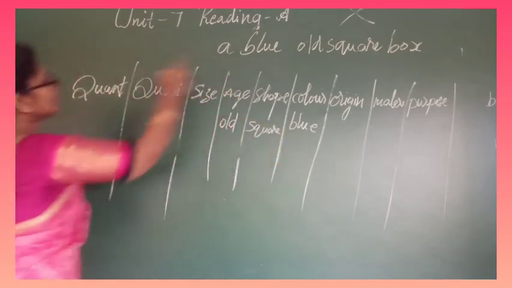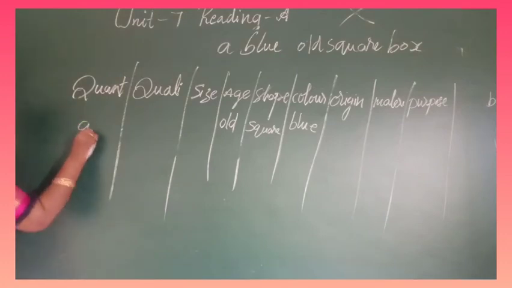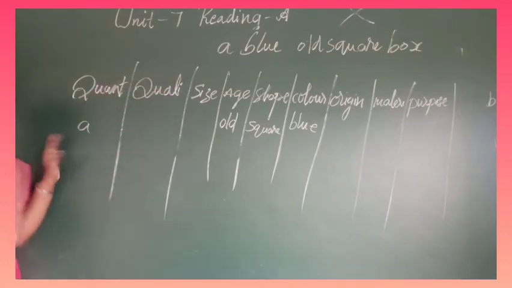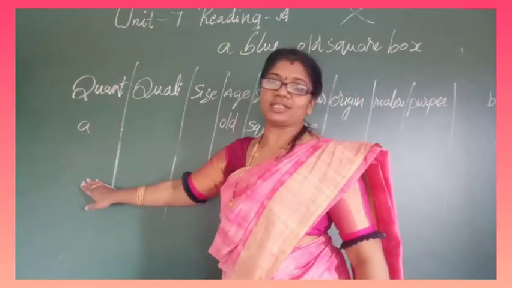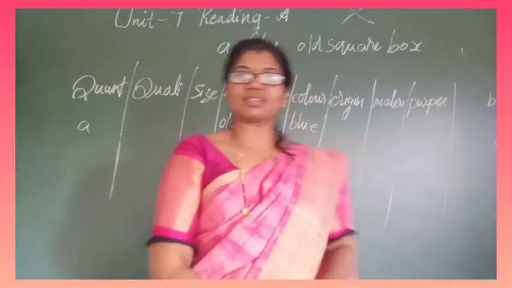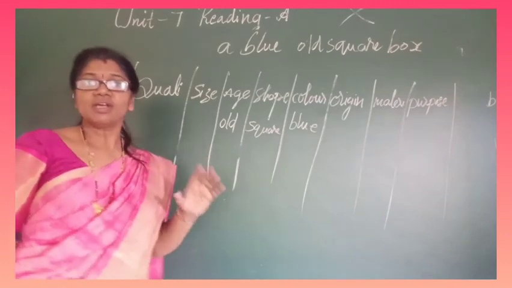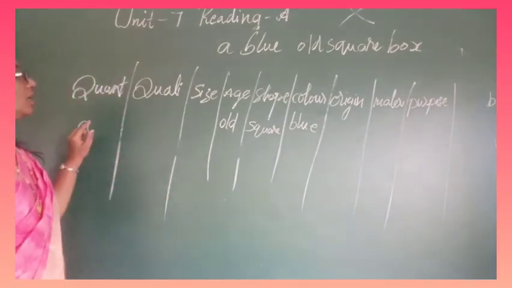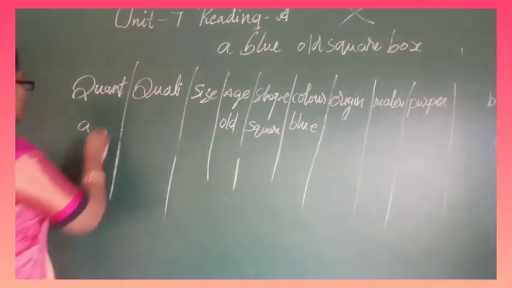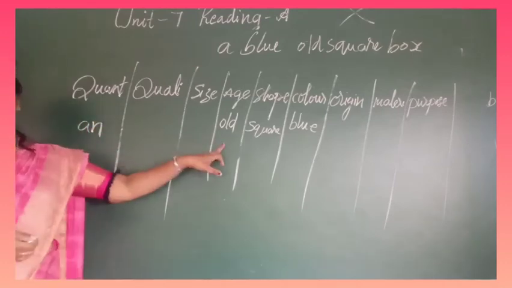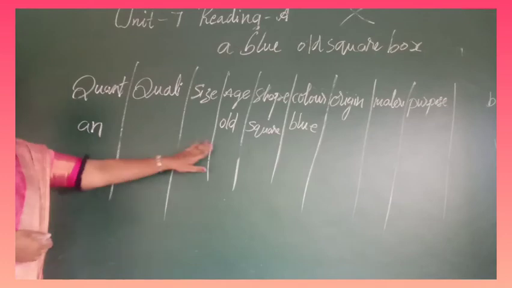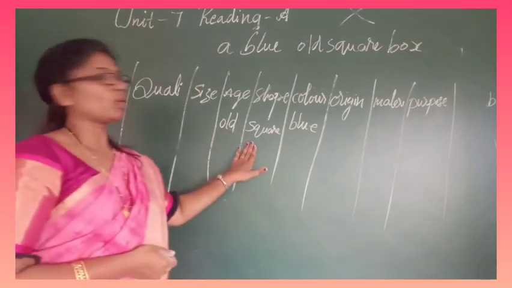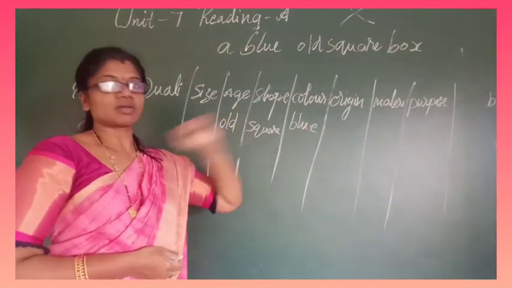Now how many are there? Quantity always comes first. One, single, so it comes under quantity. So how should you start describing a noun? With the adjectives in order: an old square blue box.